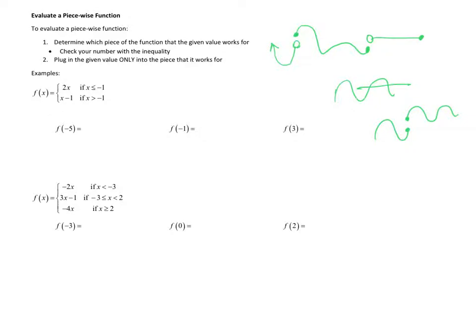So what we want to do is we want to evaluate those functions. So remember, evaluating just means that I'm going to plug something in. I'm just going to erase these so we have some more room here. When I plug something in a piecewise function, the first question is, well, which piece do I plug it into? Then after I know which piece, then I go plug it in.